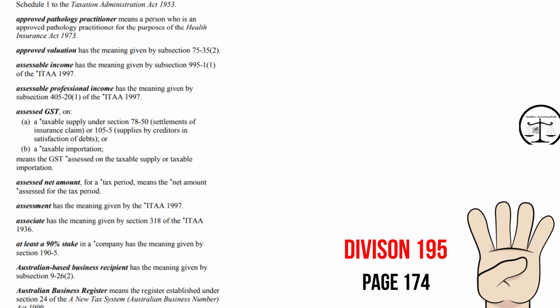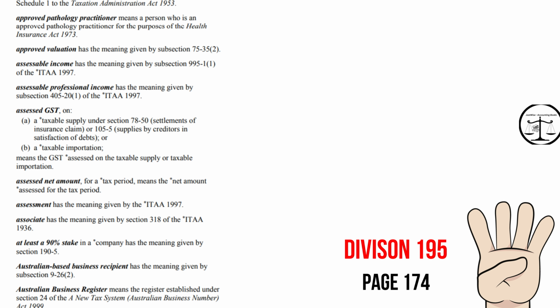Page 174. Word number 31. Approved form. 32. Approved pathology practitioner. 33. Approved valuation. 34. Assessable income. 35. Assessable professional income. 36.